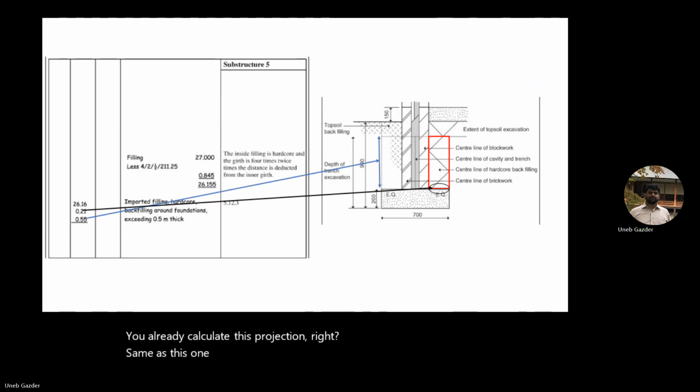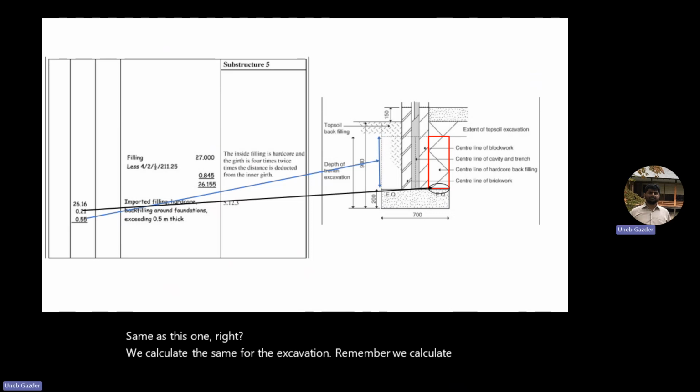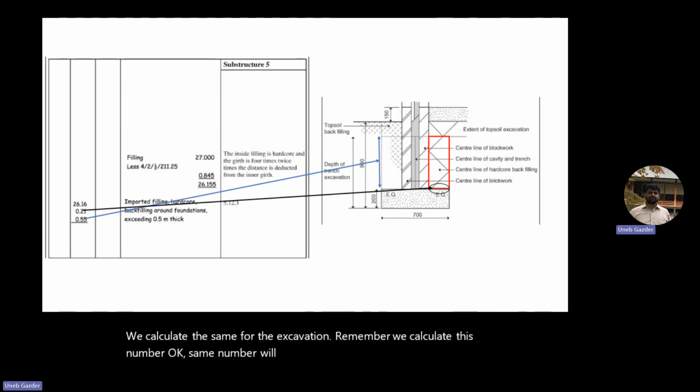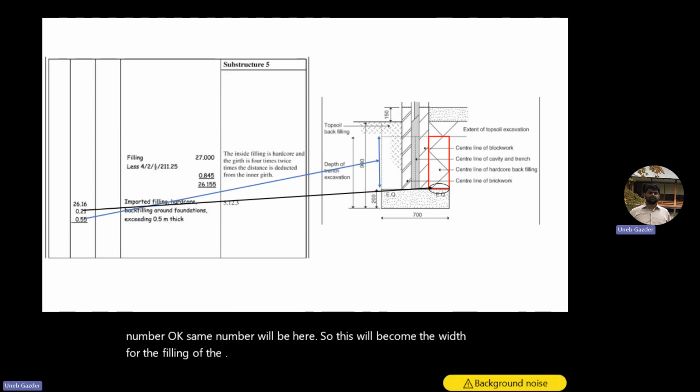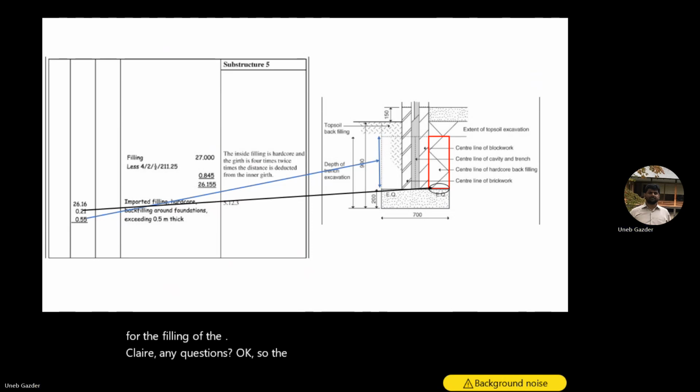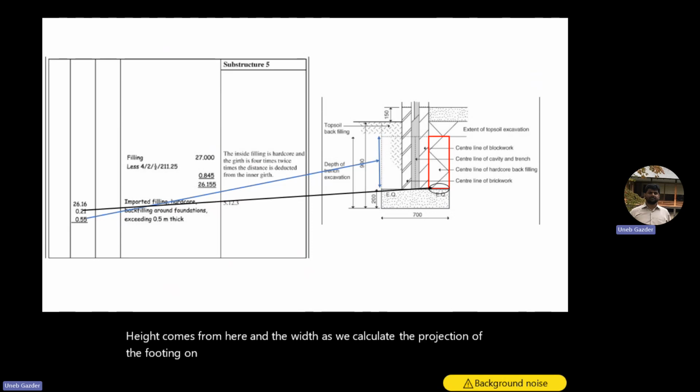We calculated this for the excavation. Same number will be here. So this will become the width for the filling of the hardcore. Clear? Any questions? So the height comes from here, and the width, as we calculated, is the projection of the footing on one side.